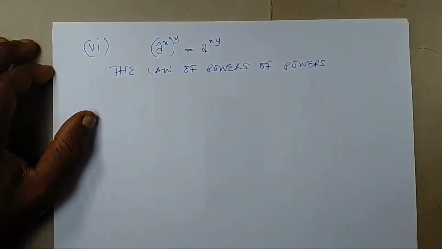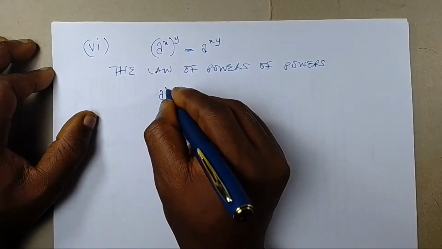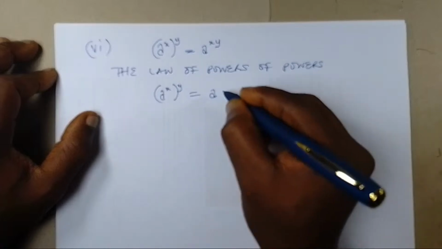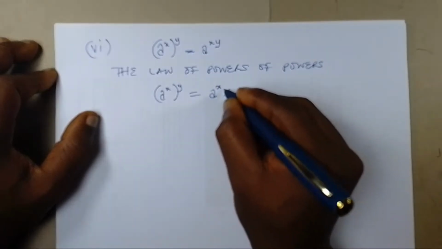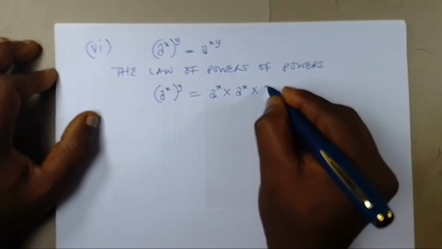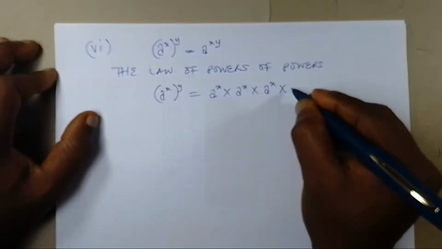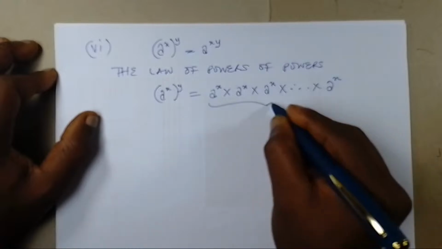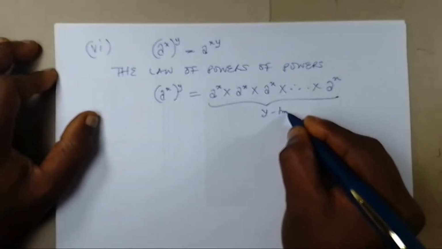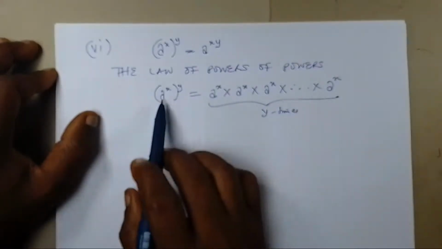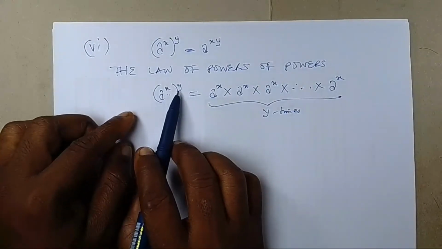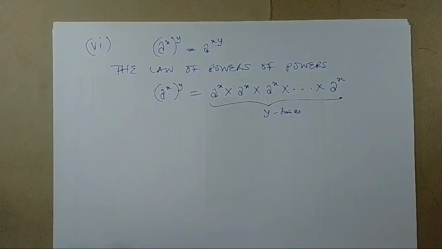Now, how do we prove this law? I could start with saying a raised to power x raised to power y is the same as a raised to power x times a raised to power x times a raised to power x times ellipses times a raised to power x, y times, if you follow what we've been doing. So this means multiplying a raised to power x by itself y times.